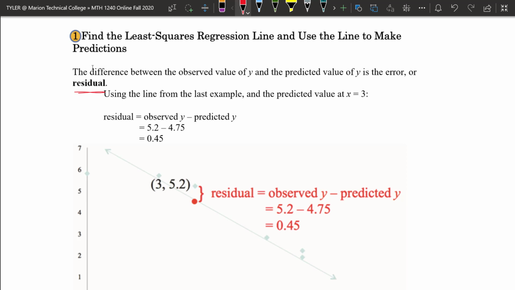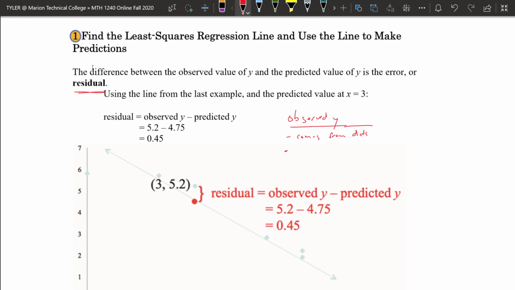Just to make a note, the observed y comes from the data. This is actually observed, something that we saw in the data.